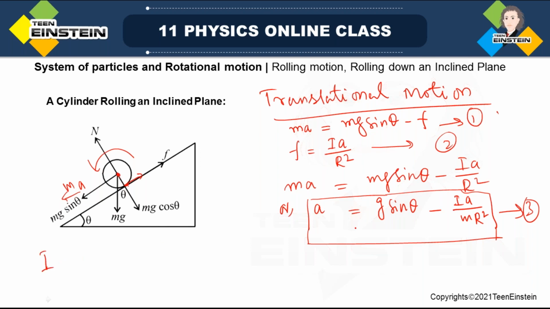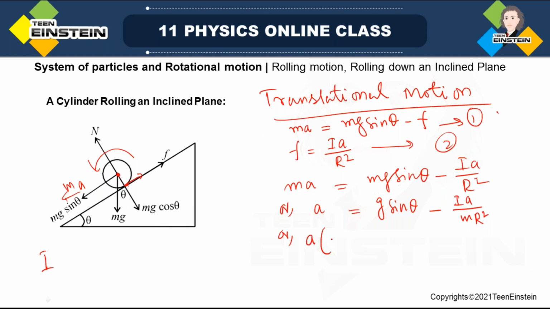Before that, let me do a little more simplification, because there is a on both sides. I'll take this common and move this part to the left-hand side. So this is m r square, and this will be equal to g sine theta.